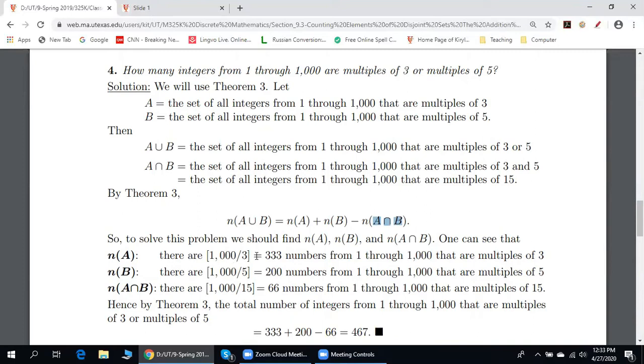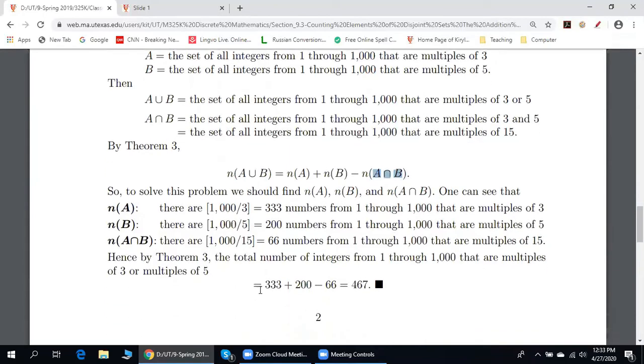And by brackets, we mean floor function. So we divide 1000 by 3 and take the floor function. The answer is 333. This is the number of integers from 1 through 1000 that are multiples of 3. Similarly, we have 200 multiples of 5 and 66 multiples of 15. We put pieces together. Here is the answer.